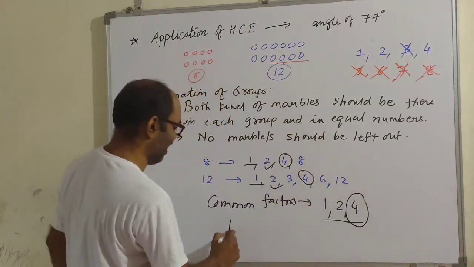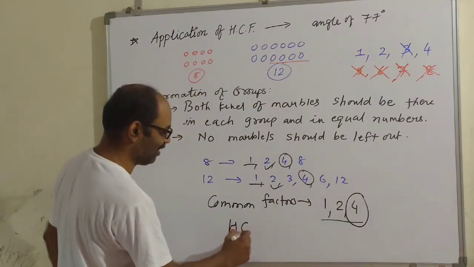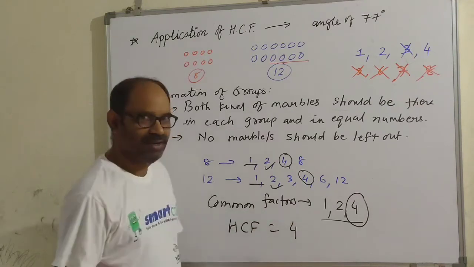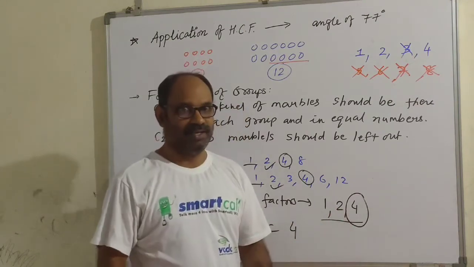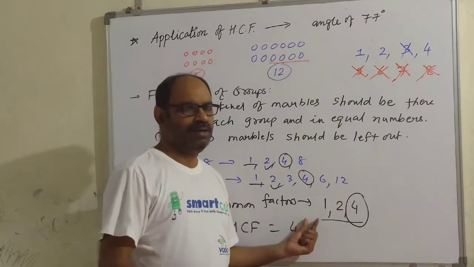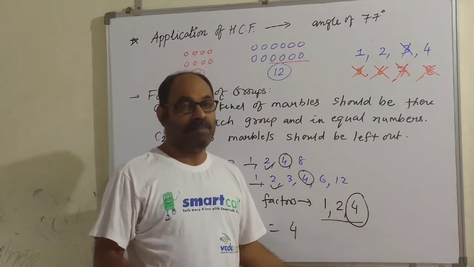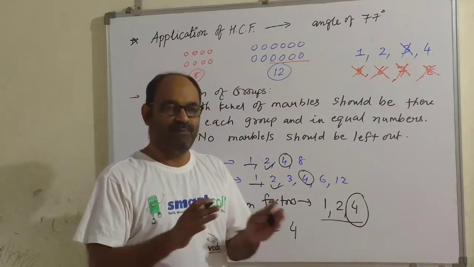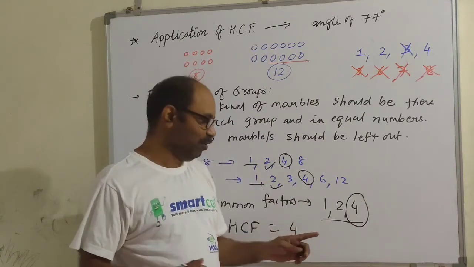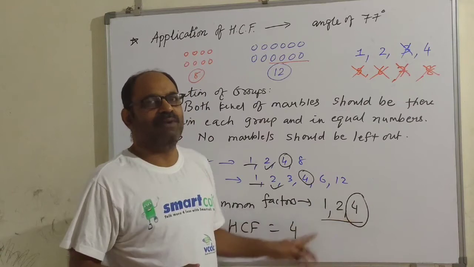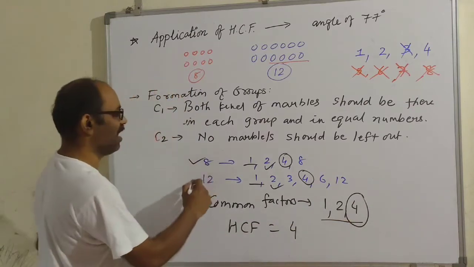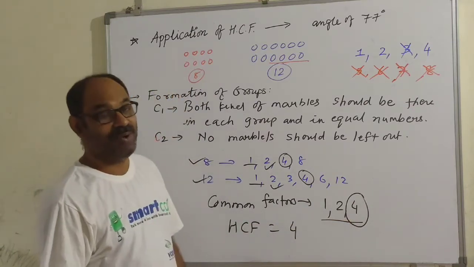That is HCF. HCF is 4. There are 3 possibilities of formation of group: form 1 group, or 2 groups, or 4 groups. But if you are asked to form the maximum number of groups, then how many is that? 4. And what is 4? 4 is HCF of 8 and 12.